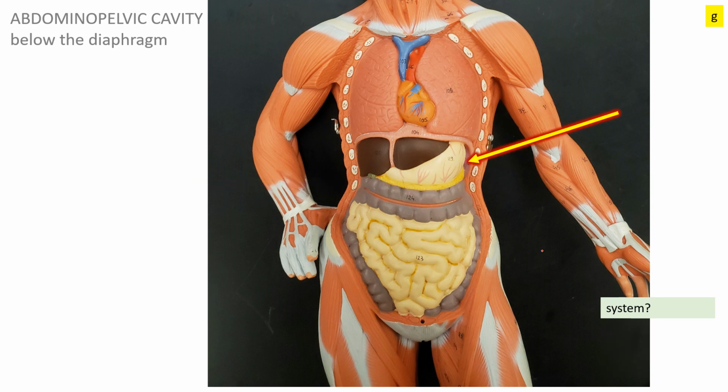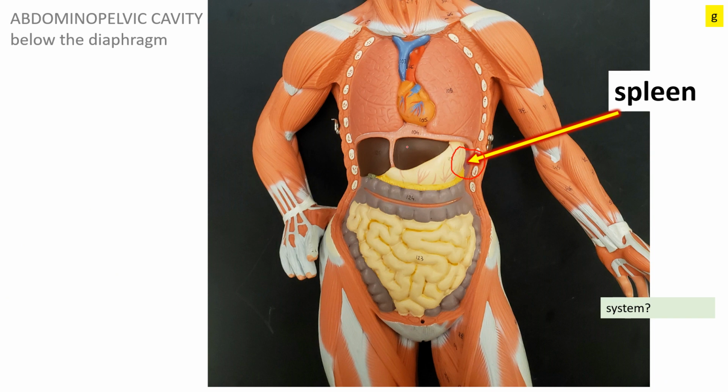Now, this is a bad picture. I need you to make sure next time you come to class, you take a look at this model and you take a look at the organ that's over here to the left-hand side. It's going to be lateral to the stomach. Okay, there we go. There's an interesting word. Lateral to the stomach. It's the spleen. So it's kind of hard to see from this angle. So make sure that you look at that and make sure you know it's a dark red structure.